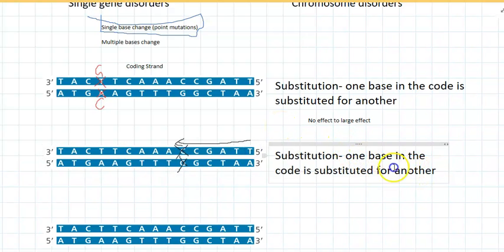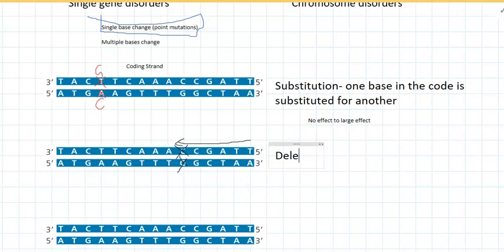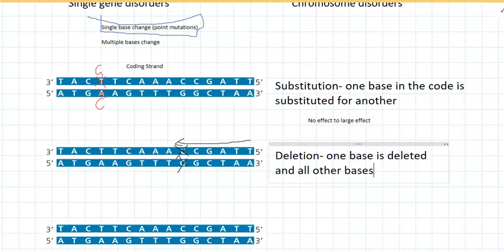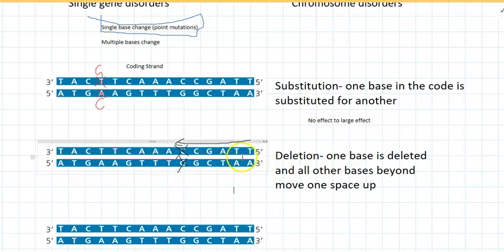One base is deleted, and all other bases beyond in the sequence move one space up or further to the start of the sequence. So deletions are pretty simple.